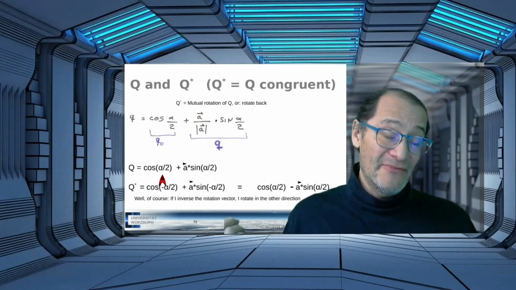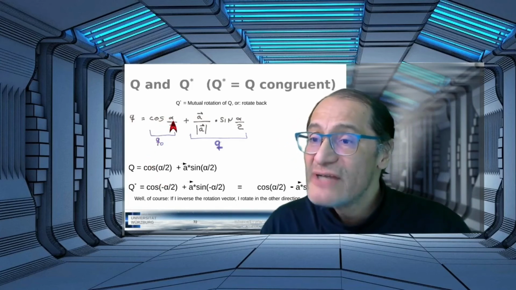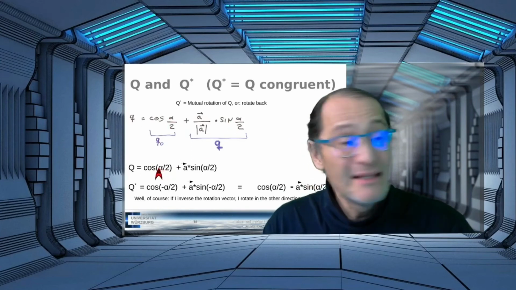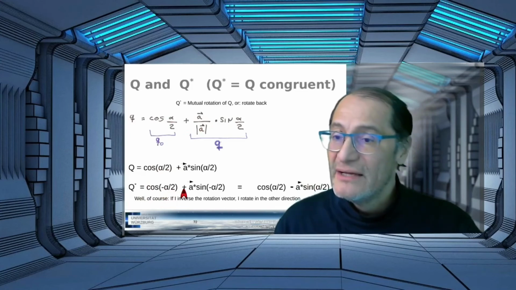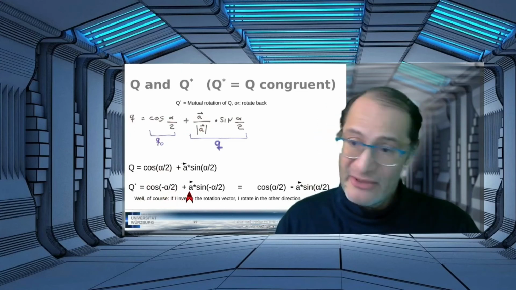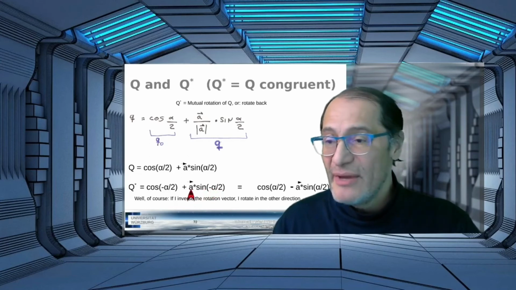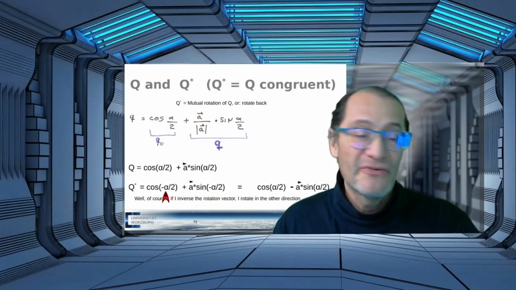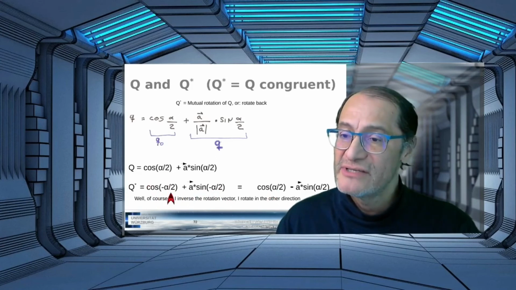We invert alpha, minus alpha. And then let's apply minus alpha in these positions. Then it will be the cosine of minus alpha divided by 2 plus the vector A multiplied by the sine of alpha divided by 2. Maybe you will remember the cosine of minus alpha is exactly the same as the cosine of alpha, so this part doesn't change.